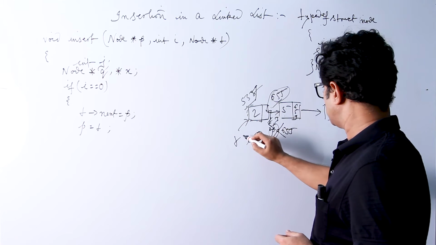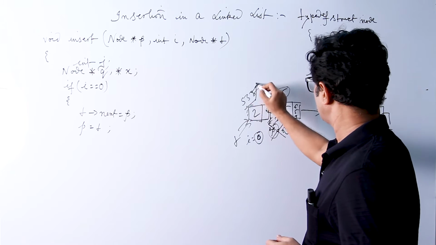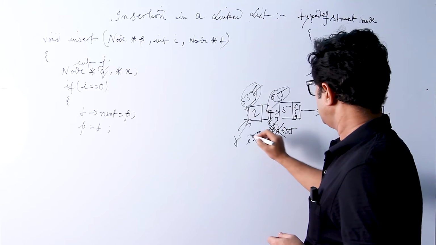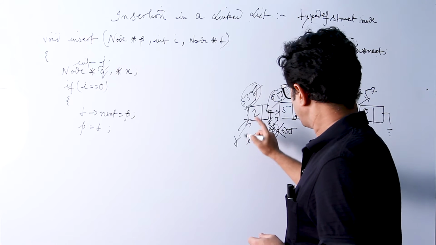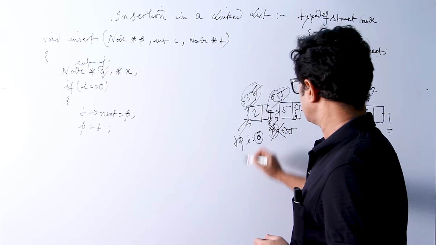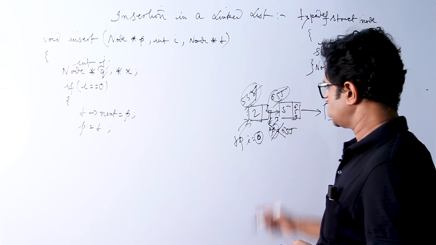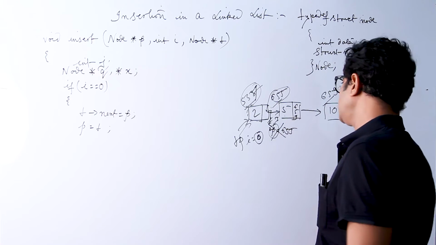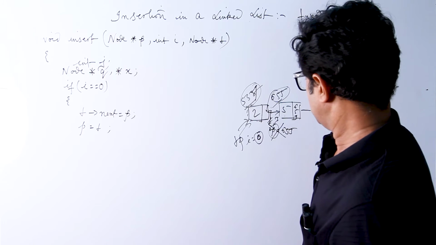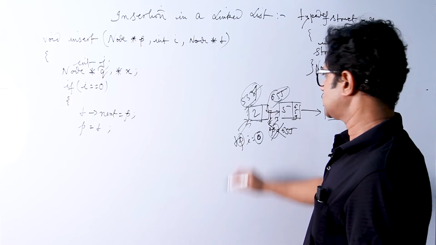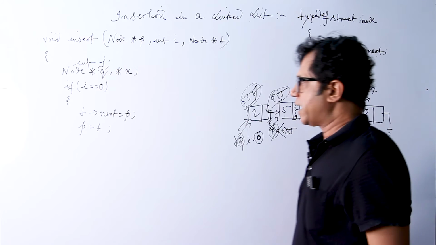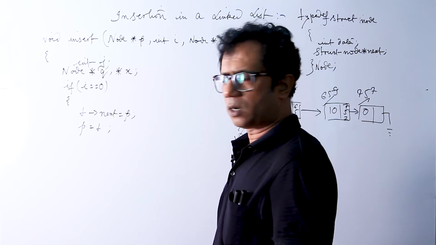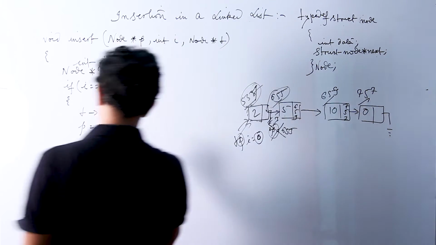It will be pointing to the memory location 557. That is, T is pointing to 557, P is also going to point to the same memory location, and in this way we have shifted the list pointer to the beginning of the linked list so as to make it a perfect list pointer.